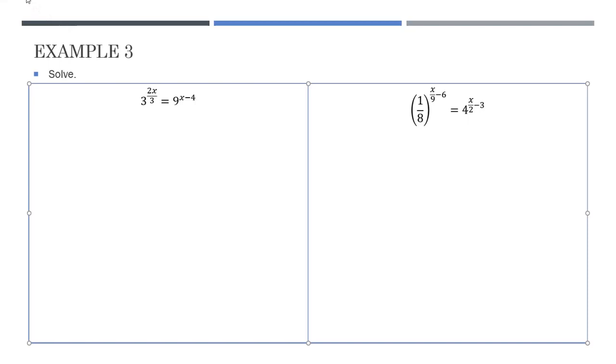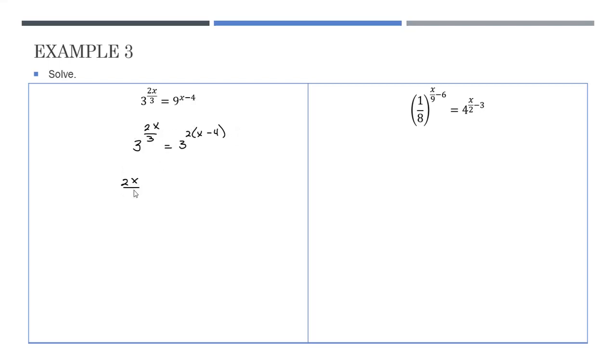All right, example 3. So again, we want to solve this. What's a little bit different here is we have a fractional exponent this time. But again, it's really not a big deal. So we're still going to make the bases the same. So on my left side, I have 3. So I'm going to leave that as 3 to the power of 2x over 3. And on my right side, well, I'm going to turn that into 3 squared. So times x minus 4. And then now we can make these sides equal to each other.